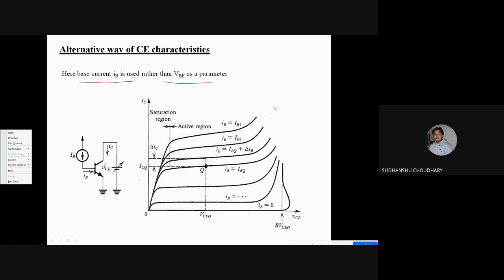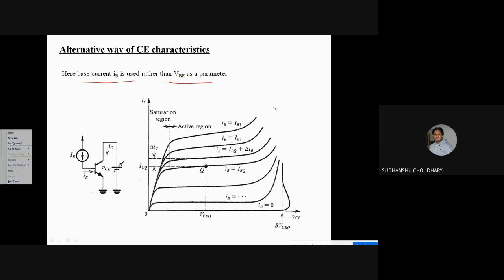Now this BJT, that is bipolar junction transistor, can be biased in two ways. In fact, MOSFETs can also be biased the same way. One would be you apply a DC battery source at the base terminal, between base and emitter.